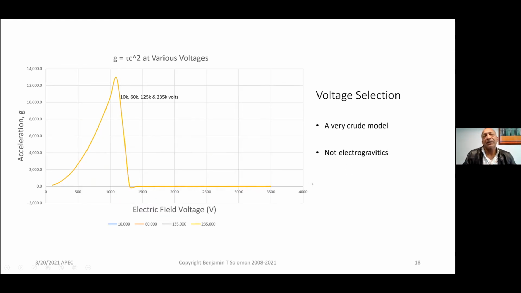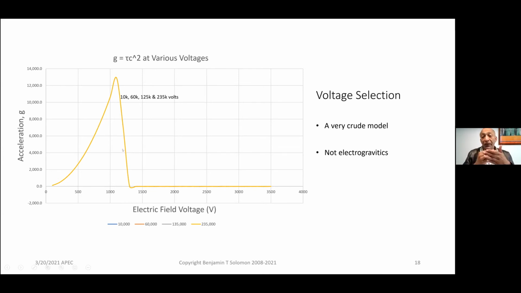The surprise, it's a pleasant surprise. I plugged in various voltages, 10,000, 60,000, I think it's 125,000, 253,000 volts. I cannot read that. And I found that voltage is immaterial.